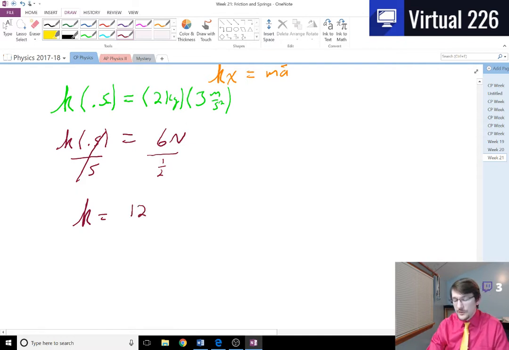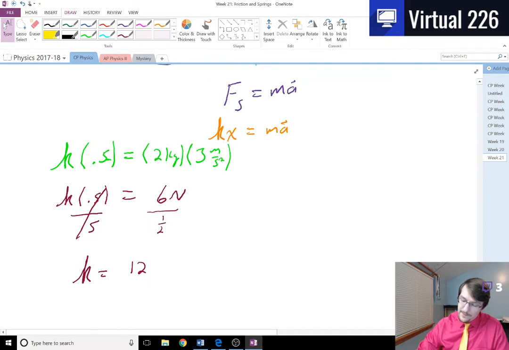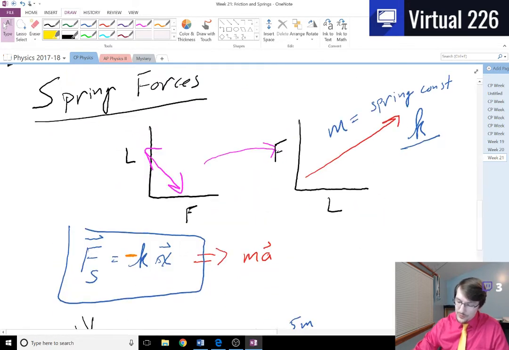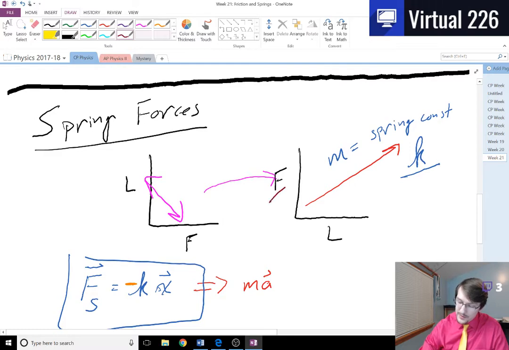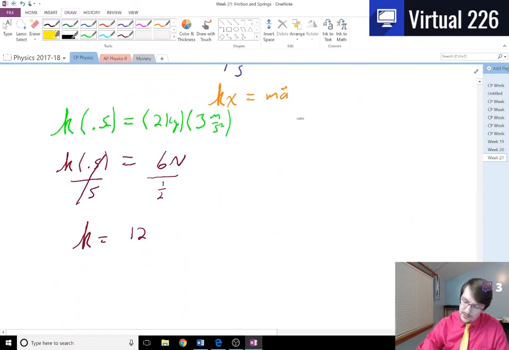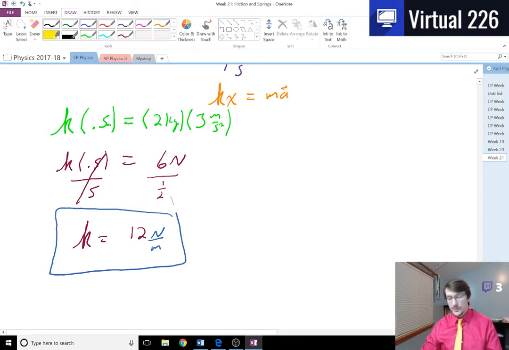And our units of a spring constant, remember, from our graph that we drew way at the beginning, it is a slope. It is a force per length. So the unit here is a Newton per meter. That's an important thing to remember. So if we go back down for our final answer, our units here are Newton per meter. And we're done. Cool beans.